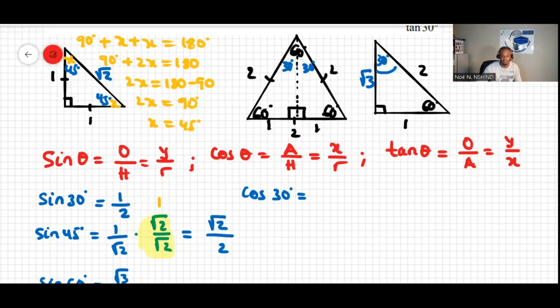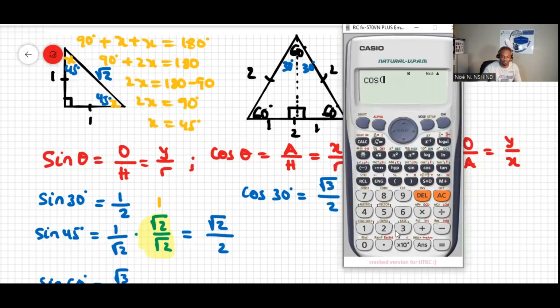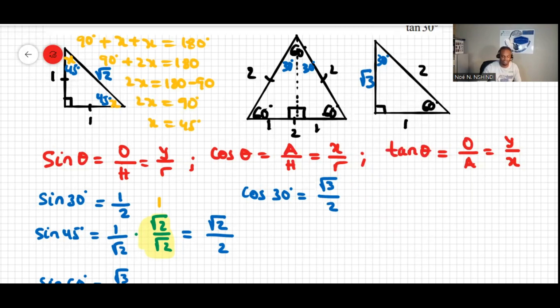That's the angle 30 degrees, and it's adjacent over hypotenuse. The adjacent side is this one. This side is adjacent to the angle 30. So it's going to be root 3 over 2. If we check in the calculator, cos of 30 degrees equals root 3 over 2. You see, without using a calculator, we can do that.